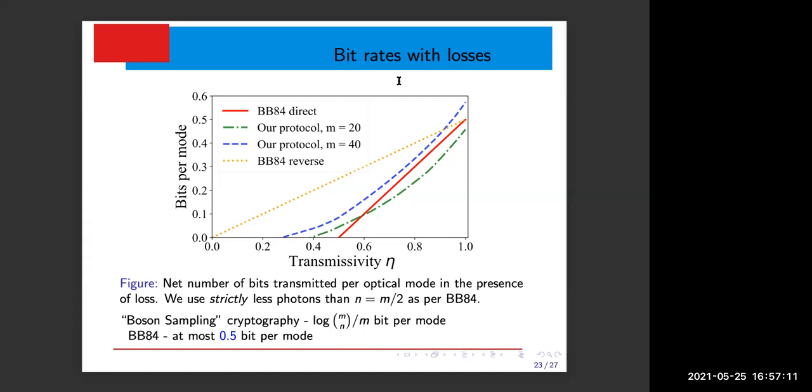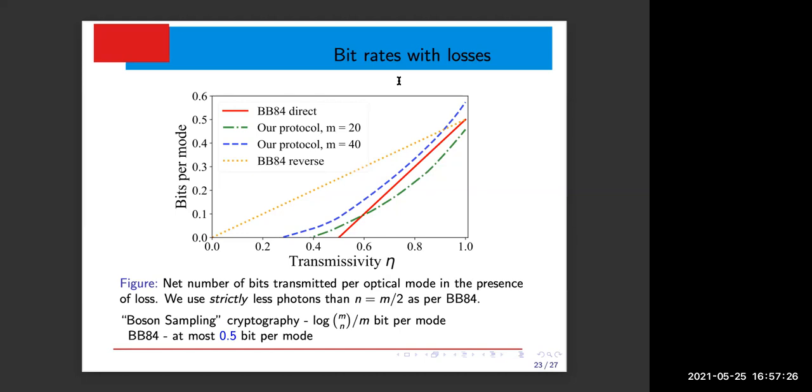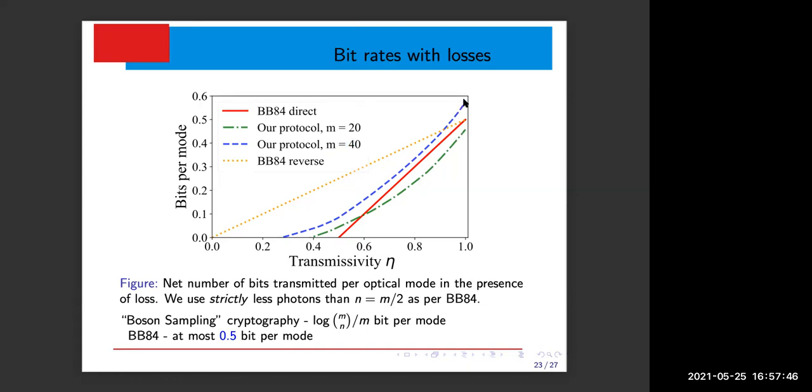On the other hand, what would be the difference between m equal to 20 and m equal to 40? It's more number of modes, like twice. Here it's not just the modes that we're considering. We've also optimized the number of input photons into the modes, which is something I haven't shown here.